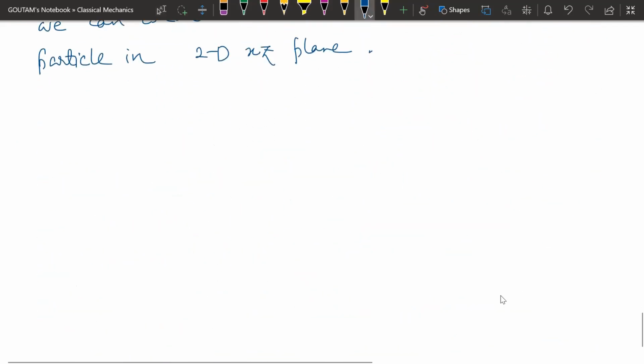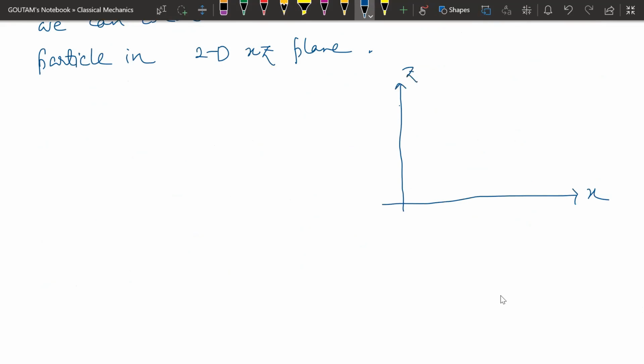So our problem becomes two-dimensional. We can consider two axes, x and z.